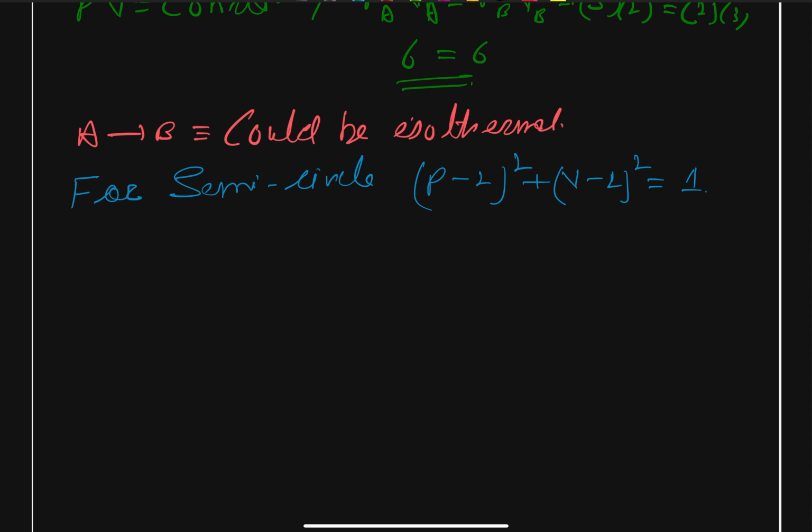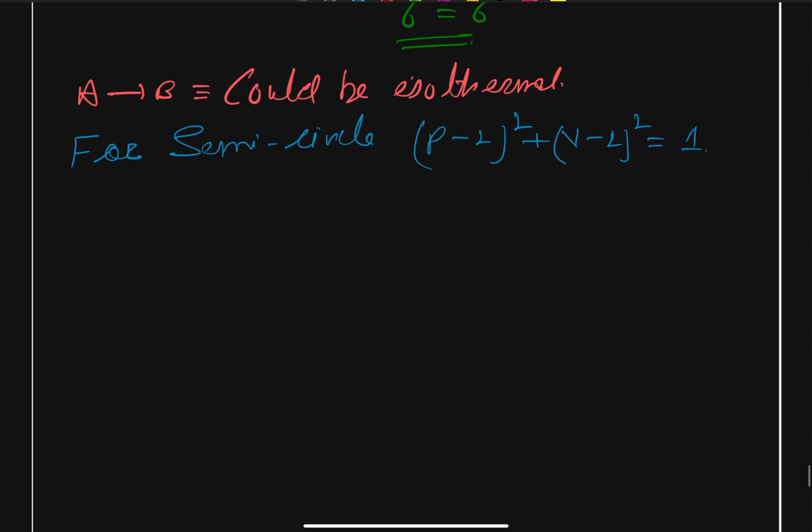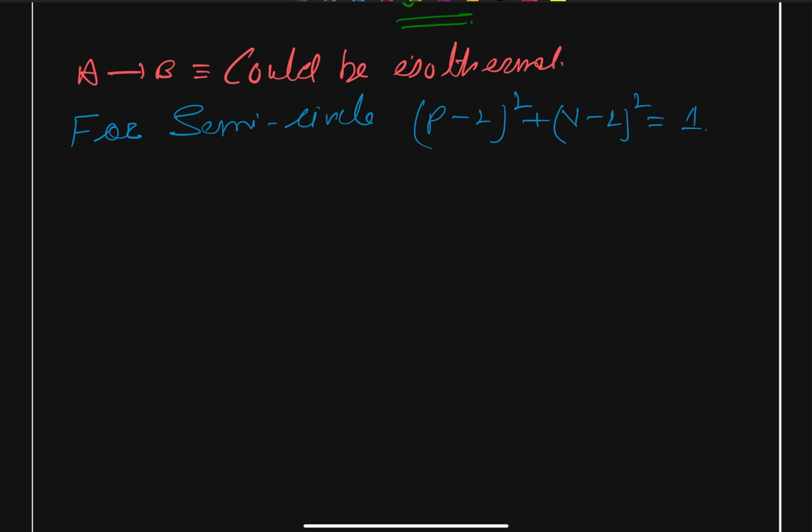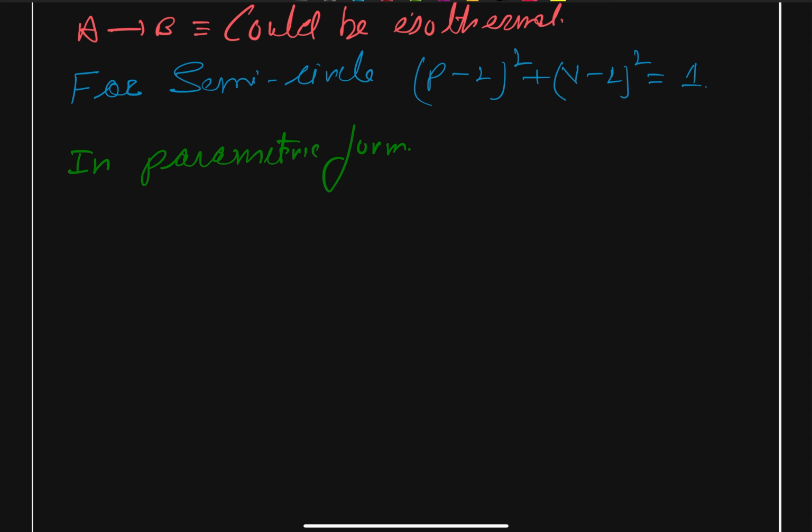Let us write it in parametric form. In parametric form, P will be equal to 2 plus cos theta and V will be equal to 2 plus sine theta.